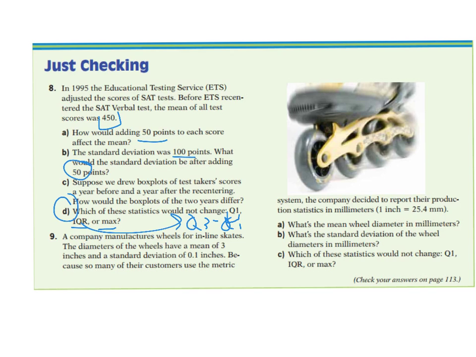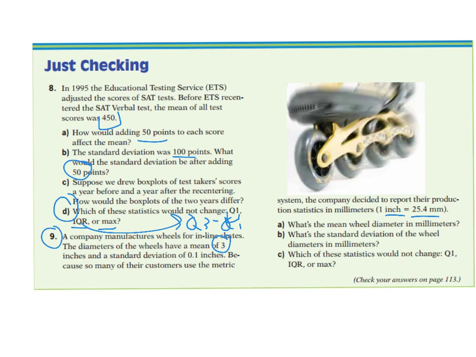For number 9, now we're scaling things up. You're actually multiplying by 25.4. So for letter A, now you would have 76.2, because it went from 3, and then you have to multiply by 25.4.